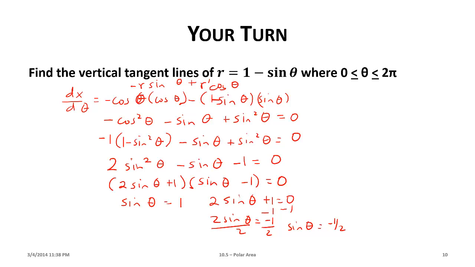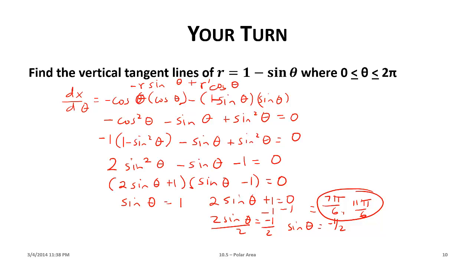You can take the inverse if you want, but we know for a fact that sine theta equals -1/2. The answers are 7 pi over 6 and 11 pi over 6. And sine theta equals 1. Where in the unit circle is it going to equal 1? It's going to be pi over 6.